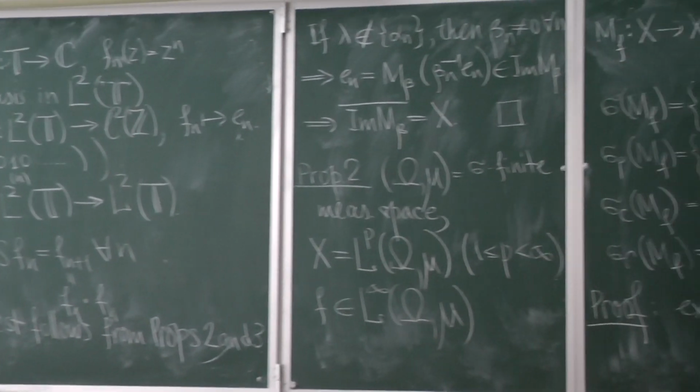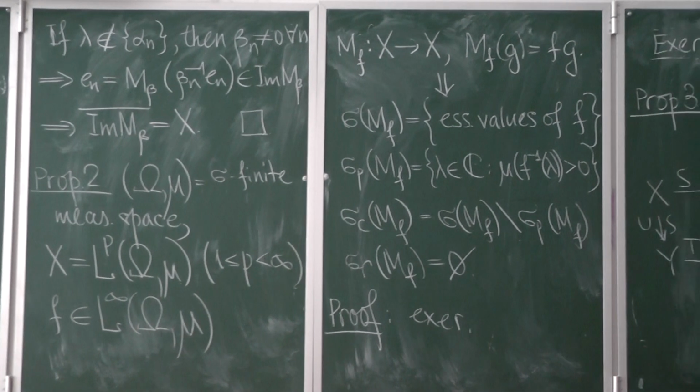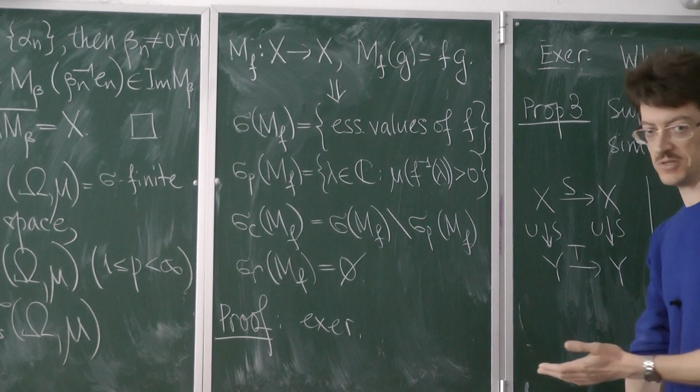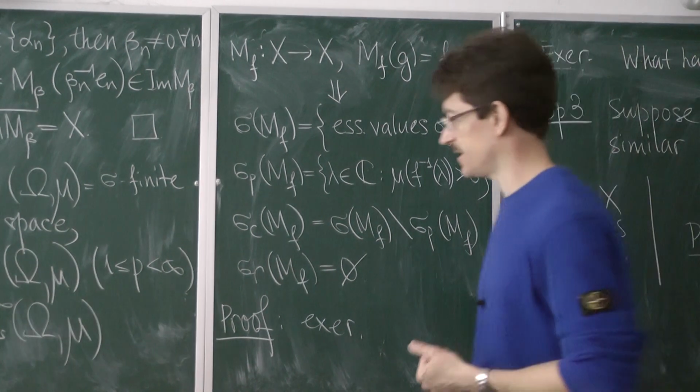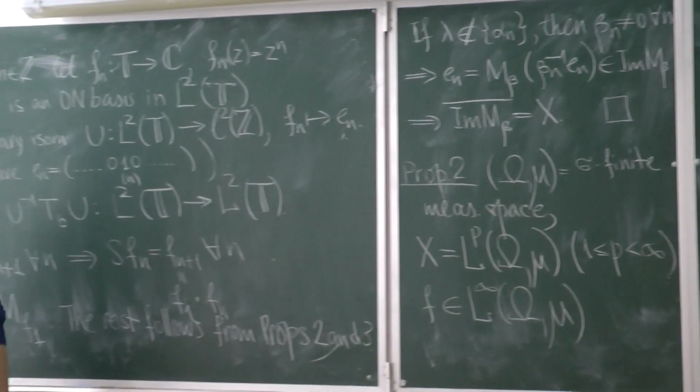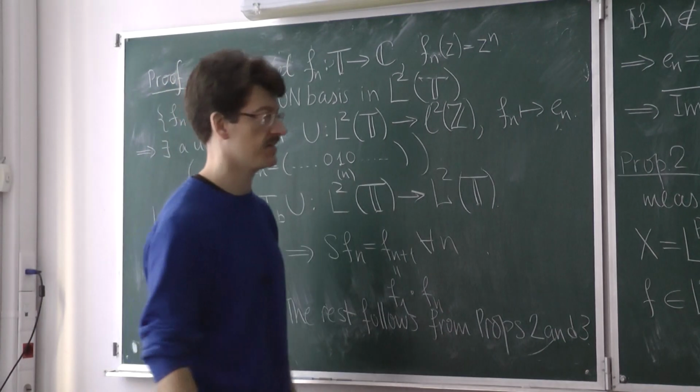So the spectrum is the set of all essential values of f. But here's a little exercise. If we have a function on the circle which is continuous, obviously F1 is continuous, then the essential values are precisely the values. So this is just F1 of t, which is t itself.